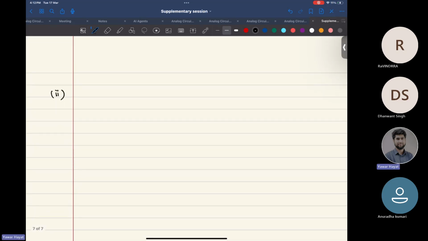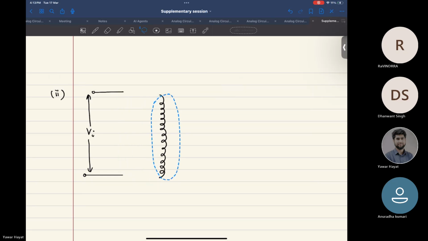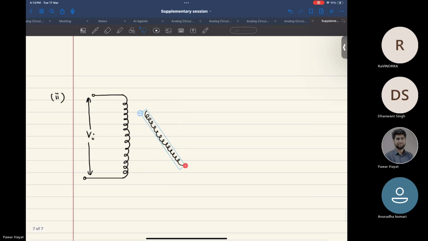Let's say I have the following circuit. Let's say this is Vi.